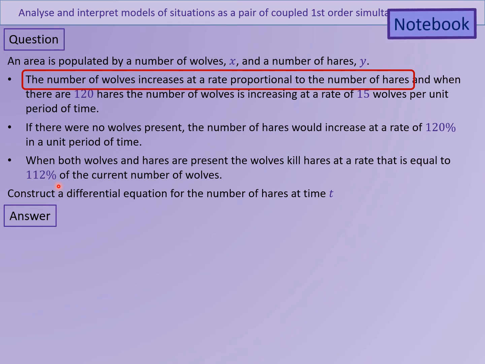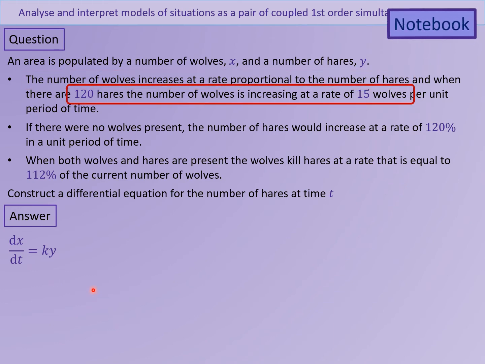So we've got this sort of equation. The number of wolves changes at a rate, so that's the change in x over the change in time, and it's proportional to the number of hares, so it's proportional to y. So there's my first differential equation set up.